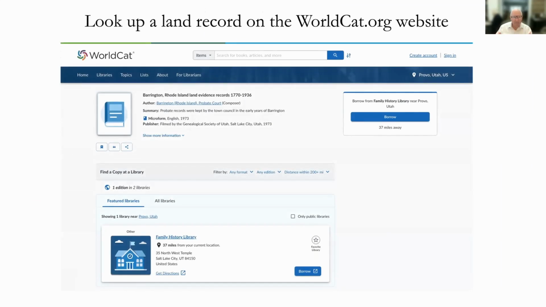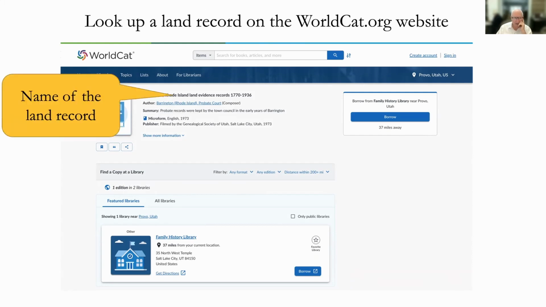So here's looking it up. I've looked up this thing on Barrington, Rhode Island land evidence records from 1770. It's on a microfilm, and it's from the Genealogical Society. If I want to borrow it, I can borrow it from the Family History Library near Provo, Utah. So I can go down to the Family History Library, and I should be able to find this document.